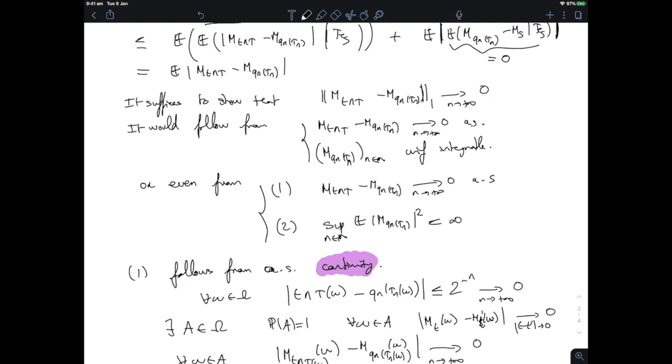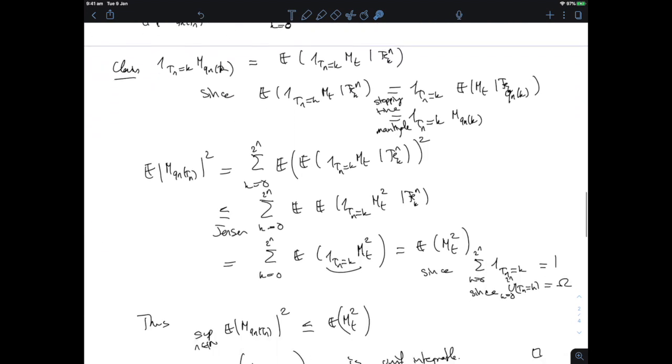But from the continuity, we got the almost sure convergence, and then it was just a matter of getting uniform integrability in order to upgrade from almost sure to L1 convergence, and that followed from an L2 estimate.